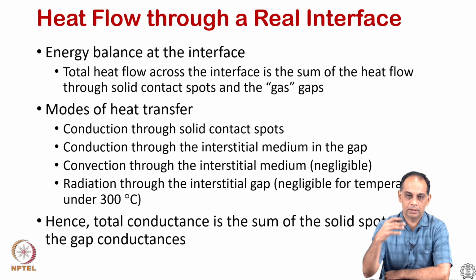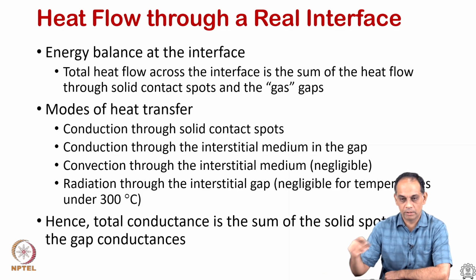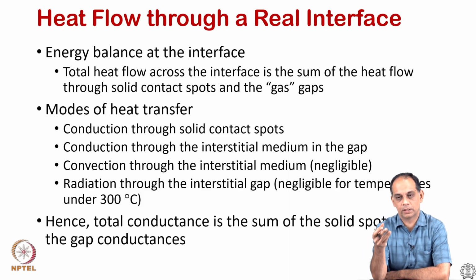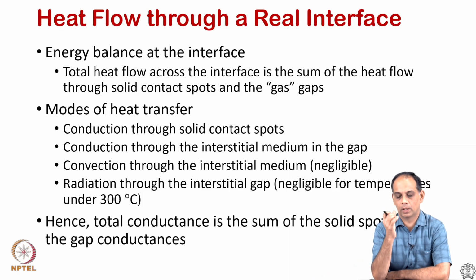So, there are many modes of heat transfer: conduction, convection inside, conduction in the interstitial gap, and if the interstitial gap is filled with some material like thermal interface material, then one has to account for conduction in those materials, and radiation and so on. Usually the convection is negligible, because the gaps between the materials are small.